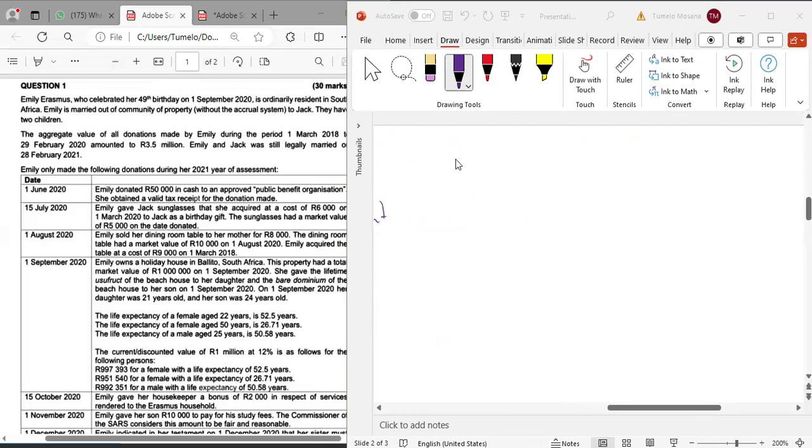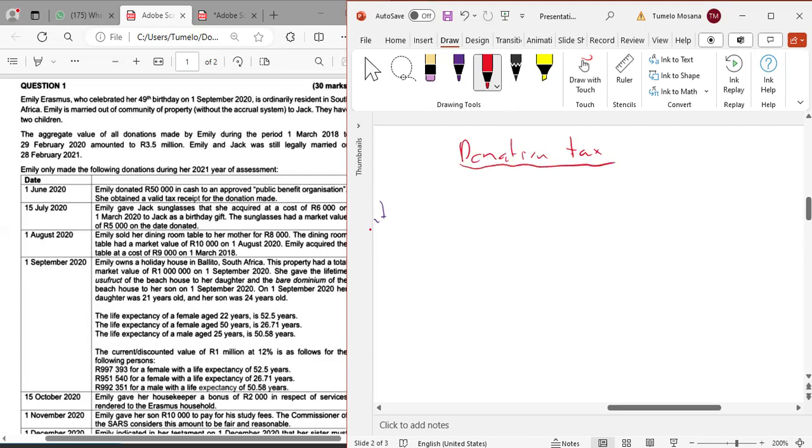So the donor can donate a property that he or she owns, and it might be situated abroad, but that will also qualify for donations tax only if the donor is a South African. The tricky part with donations tax is that as much as the donor is liable, if the donor does not pay the donations tax, the donor and the donee are both liable in terms of facing judgment.